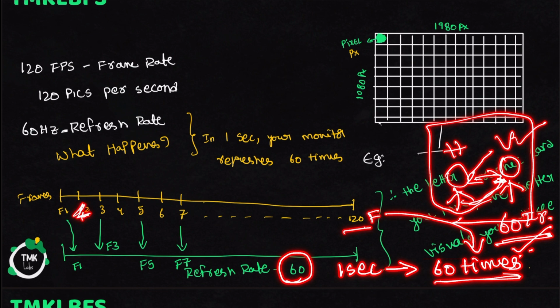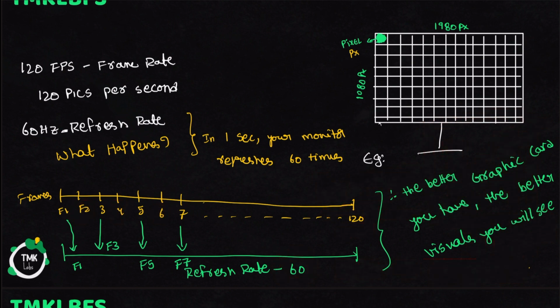Maybe frame 2 will be skipped, frame 4, frame 6, and so on. So even though you have 120 frames, it will show only 60 frames, and that's how you lose the smoothness. You can see the difference, especially if you are into gaming. You would definitely know what I'm talking about.